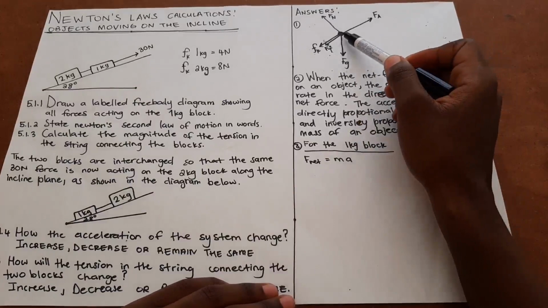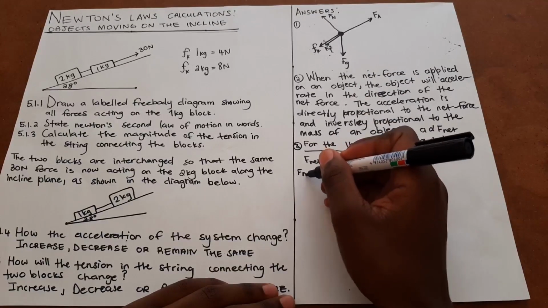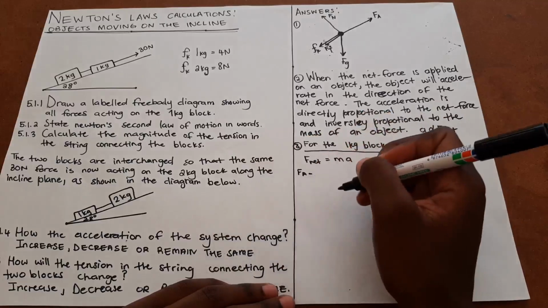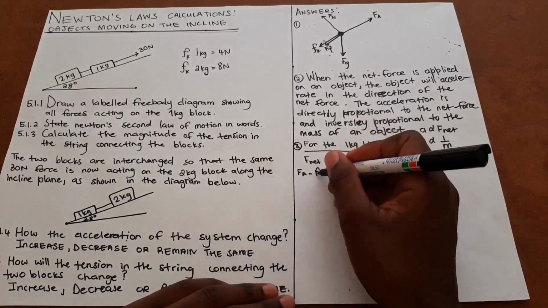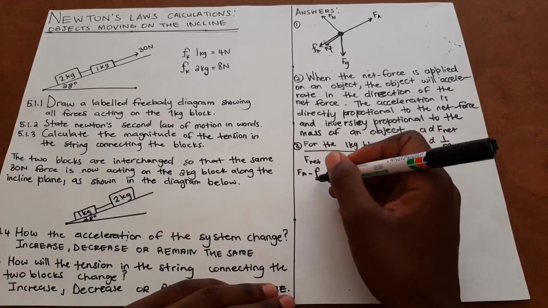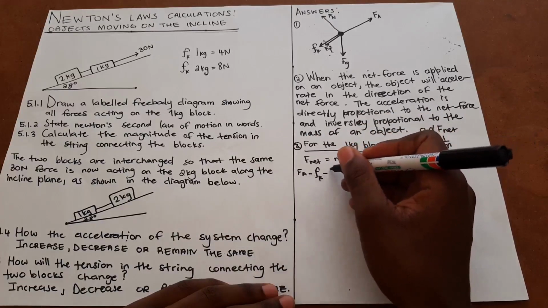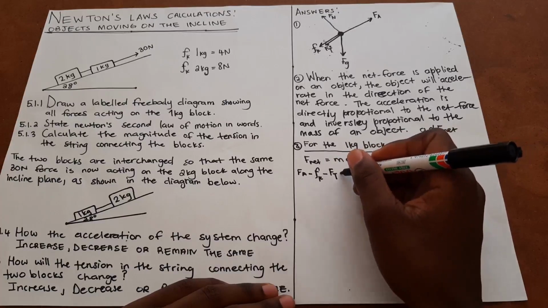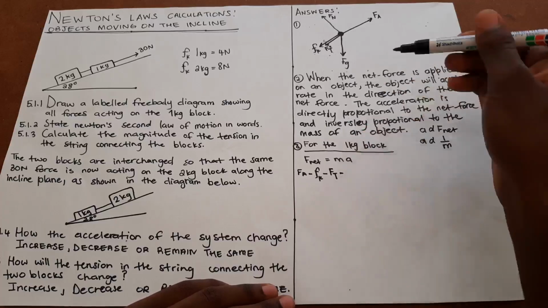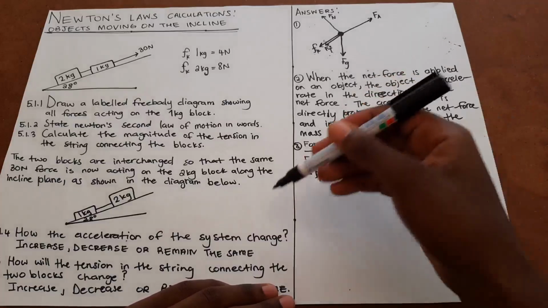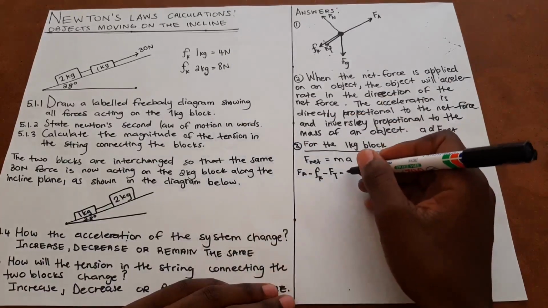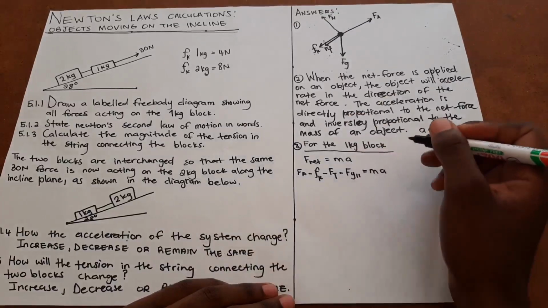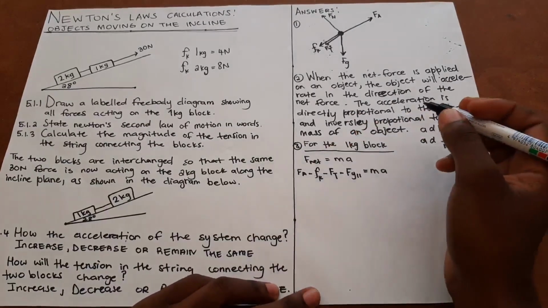We said it's the applied force, which is equal to 30, minus the kinetic frictional force, minus the tension force, minus FG parallel, the gravitational component acting down the incline that is also opposing, equals mass multiplied by the acceleration.